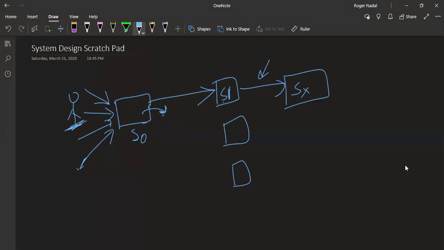What could go wrong? Maybe this server is overloaded, or maybe it has died, or it is not up, or it is trying to recover. So what can you do here as S1? Suppose you are building S1.